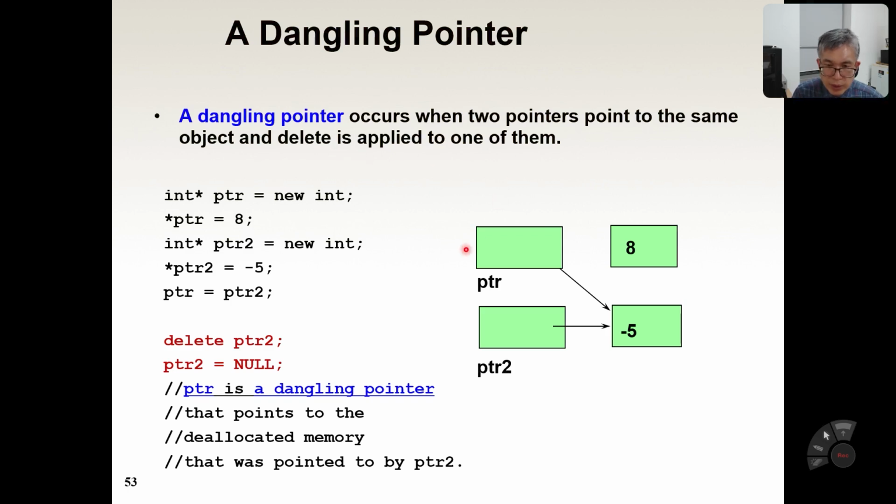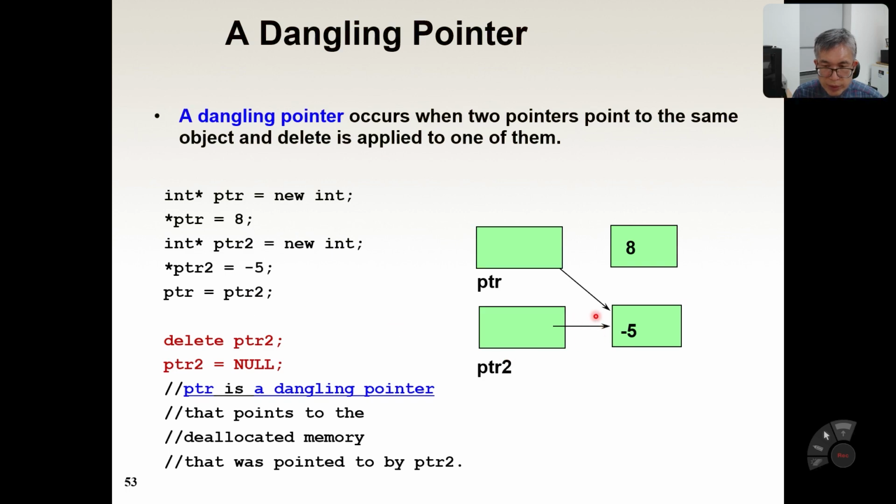Okay, so you can see we create a new int here and a new int here. So ptr is new int, and initially points to this unnamed variable containing 8. Similarly ptr2 also points to a memory cell, an unnamed object containing the value -1, right? And then ptr's address value is set to ptr2.